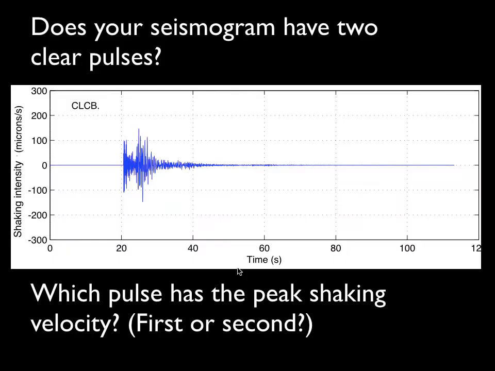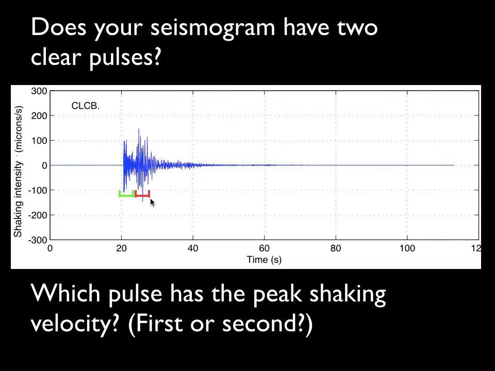I ask my students, does your seismogram have 2 clear pulses like the ones that I show here? Here's a green one and a red one right there. The vast majority of students will raise their hand, showing that they indeed do see 2 clear pulses. There's a few that don't. The next question is, which pulse has a stronger shaking intensity?